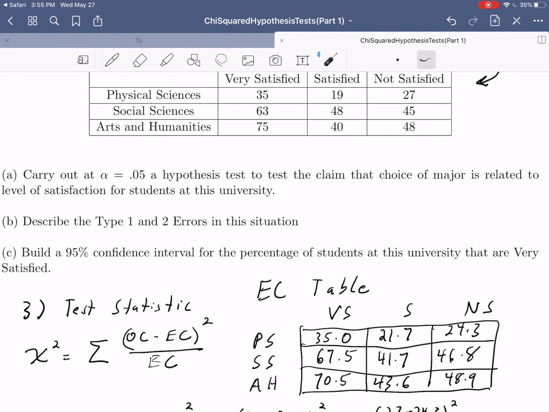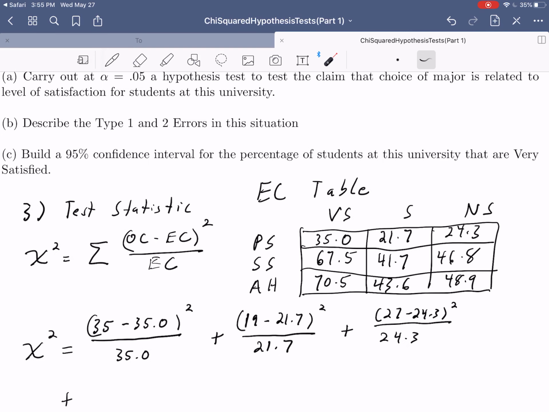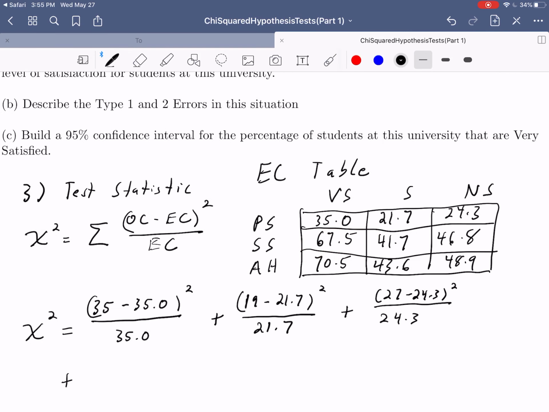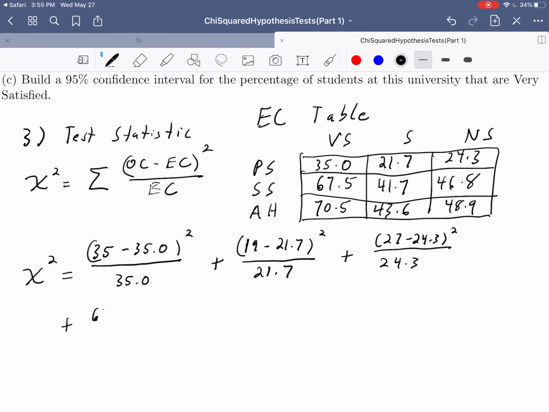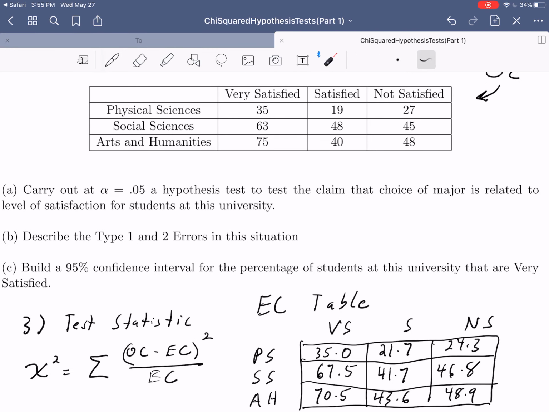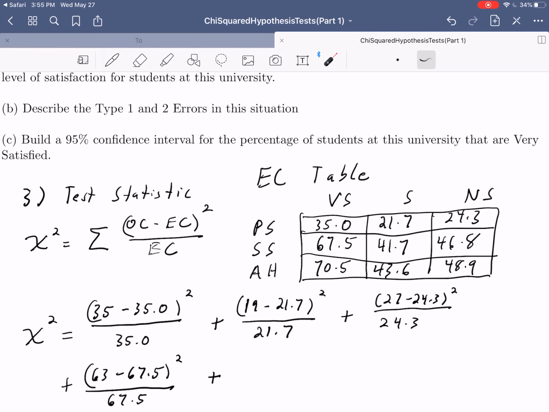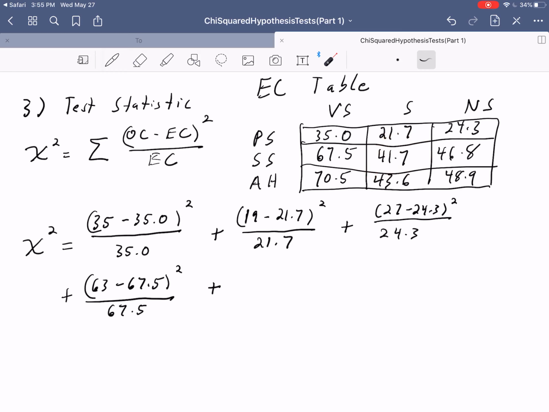So we observe 63 versus an expectation of 67.5. So 63 minus 67.5 squared divided by 67.5. Then plus we observed 48 against an expectation of 41.7. So 48 minus 41.7 squared over 41.7.